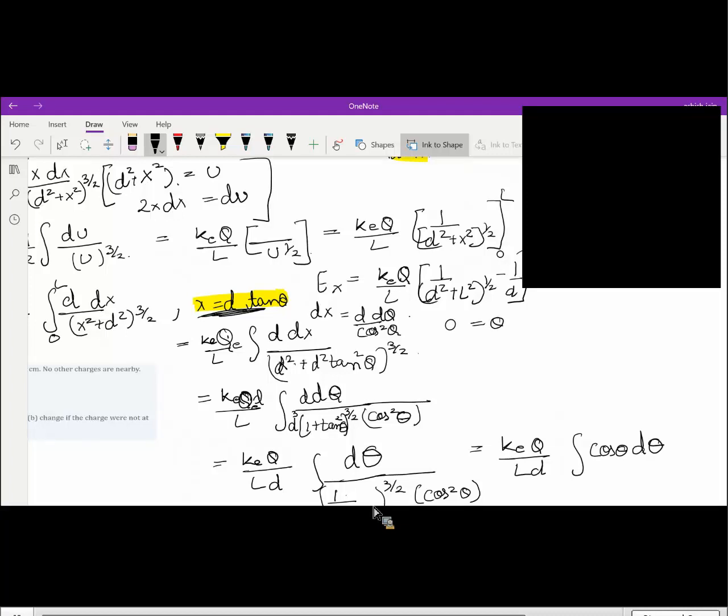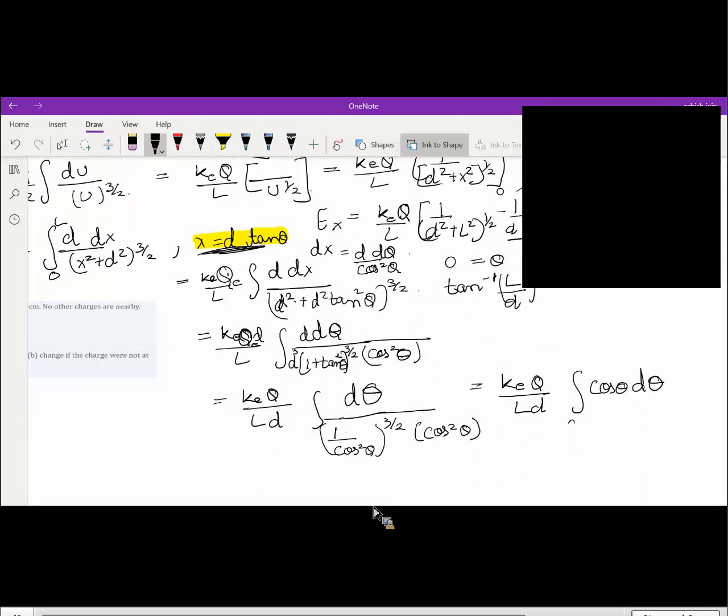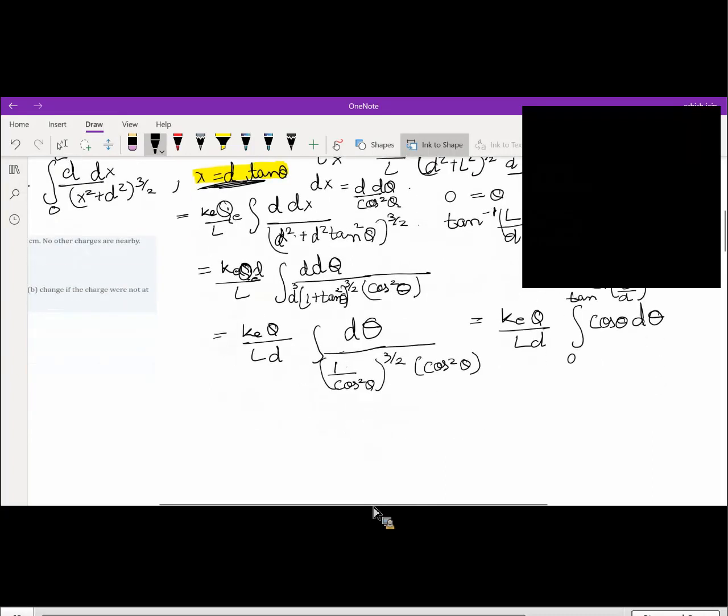And if x is l, theta is tan inverse L by D. These are the limits, tan inverse L by D. It's just solving the integral.